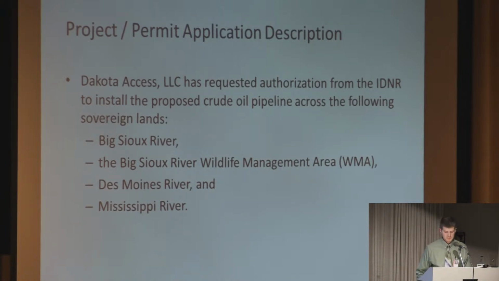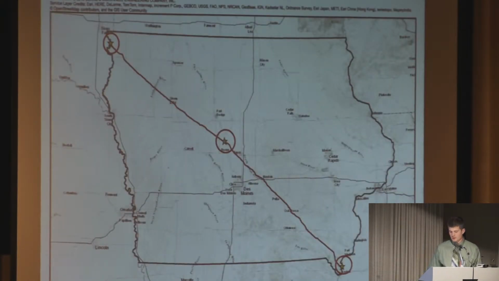The Dakota Access Pipeline Project alignment would traverse parts of North Dakota, South Dakota, Iowa, and Illinois for a total length of 1,134 miles. Dakota Access proposed to construct, own, and operate approximately 346 miles of a 30-inch diameter pipeline, one pump station, and other facilities in Iowa.